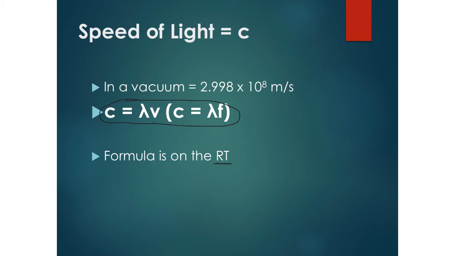So this formula is on the reference table. c is the speed of light, which is 2.998 times 10 to the 8th meters per second. And then you'll have wavelength, and these are defined on the reference table. And f, or nu, is frequency.